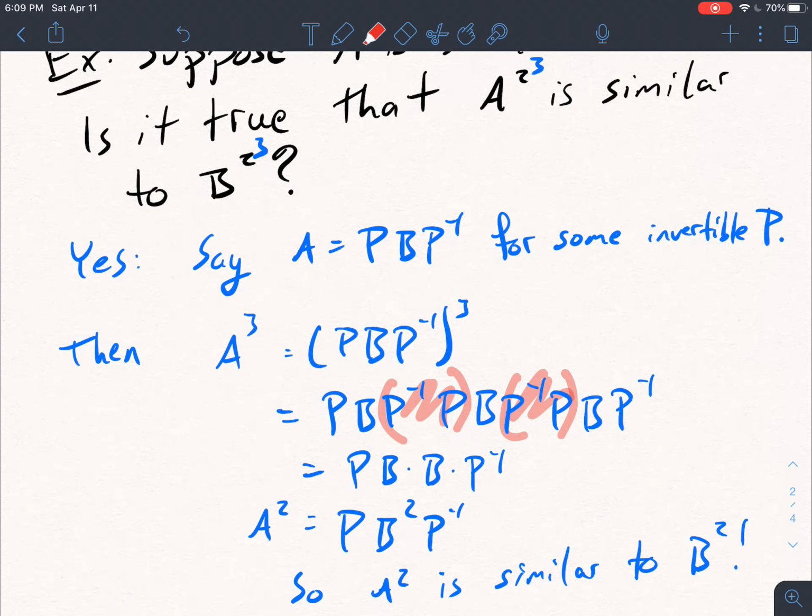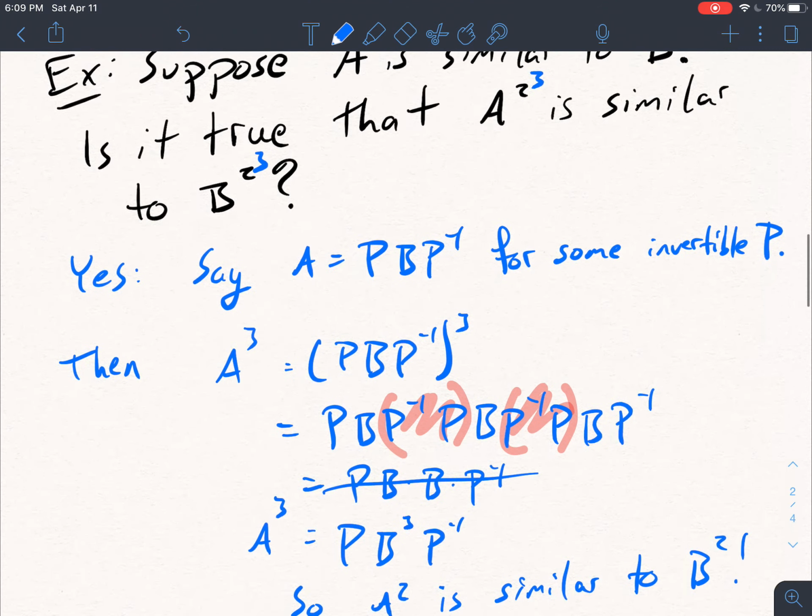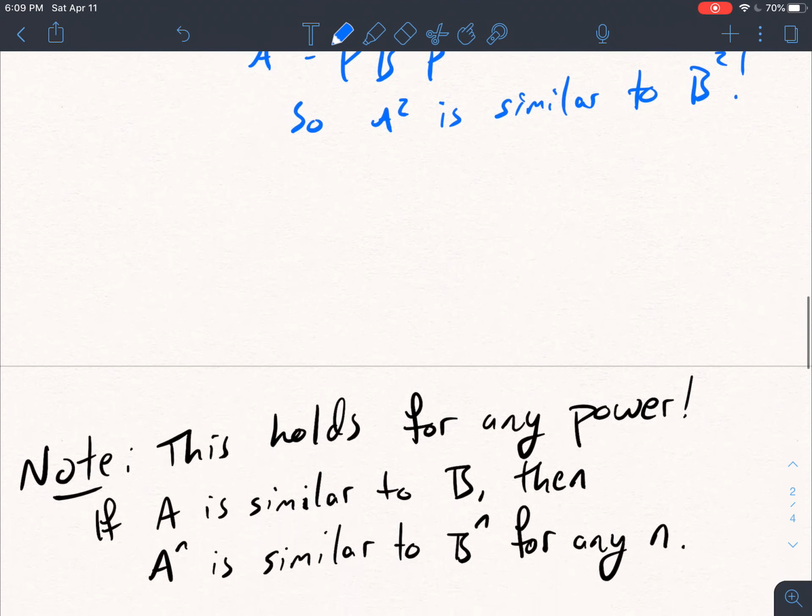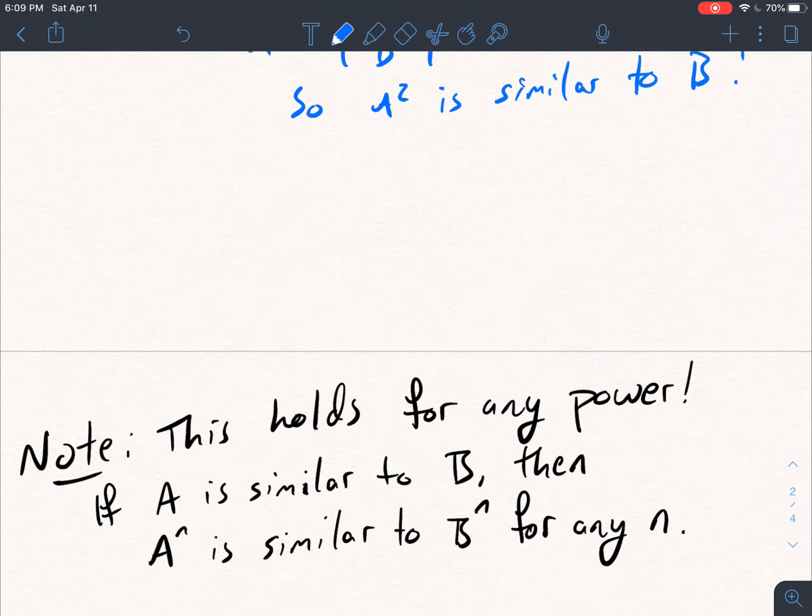So you get P inverse here, P inverse here, and so these would both cancel, and we would just be left with P times B cubed, because we would have this B and this B in the middle, and then P and P inverse on the outside is all equal to A cubed. So this would also work if we cubed both sides. So A cubed is similar to B cubed.